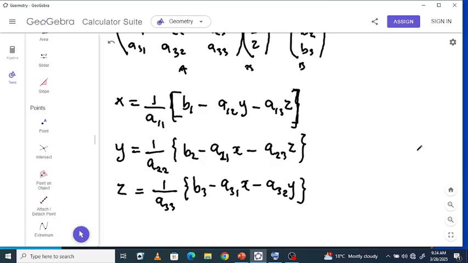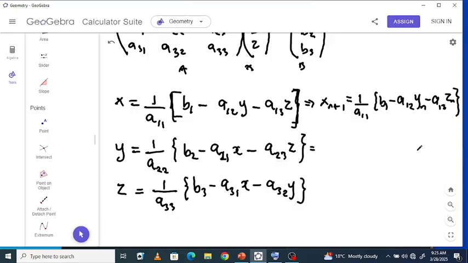Now for x, our iterative scheme, we will have xn plus 1 is equal to 1 over a11 into b1 minus a12 yn minus a13 zn.